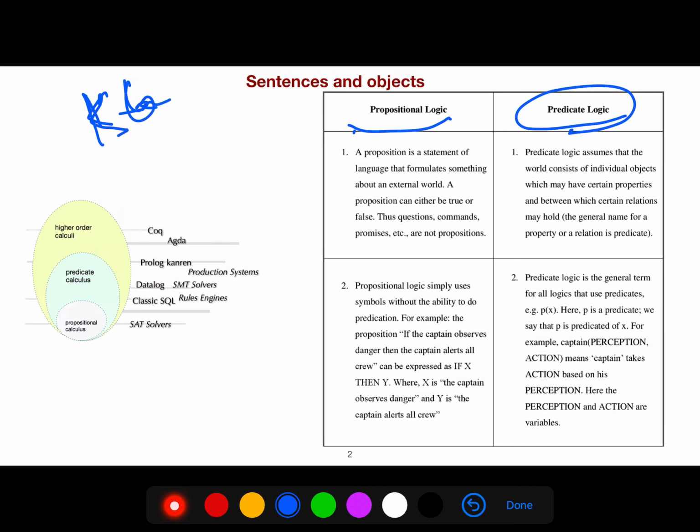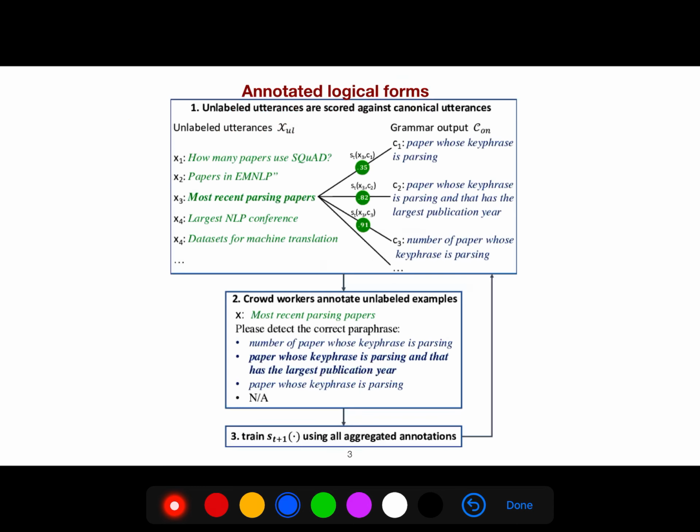So you can see it is the extension of that. The general thing is higher order, and then we have predicate calculus, which is an extension of propositional calculus, and this is very old, P then Q and those things.